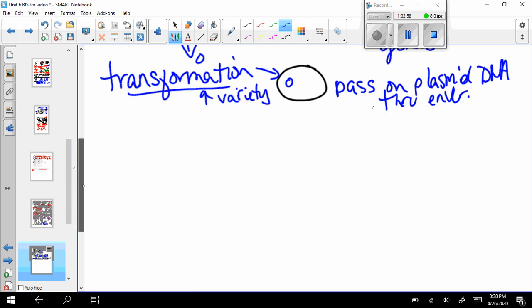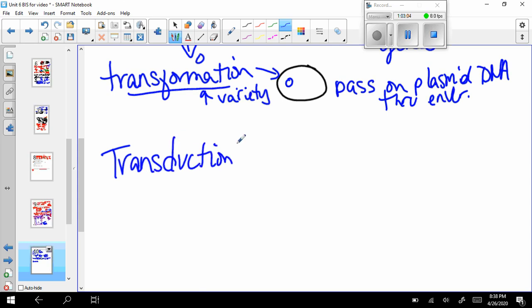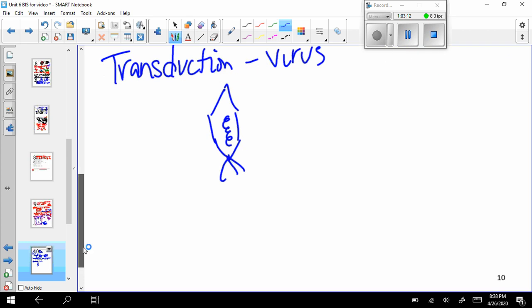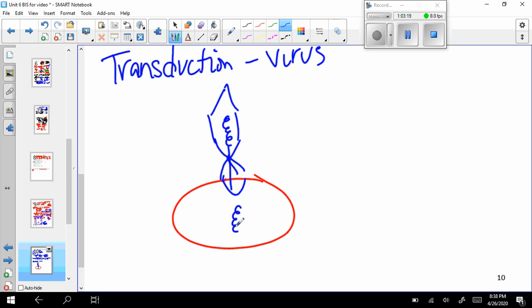All right, the next word, transduction. Transduction is what a virus does. So a virus, like a virus that would live on a bacteria, looks like that special little spaceship look. And so it will inject its DNA into this cell.